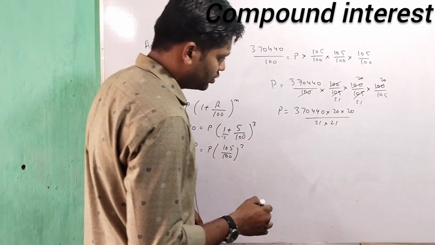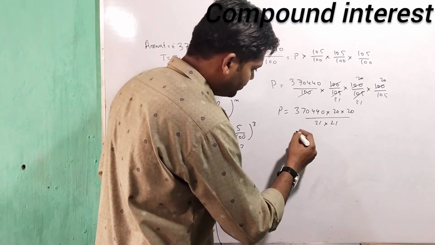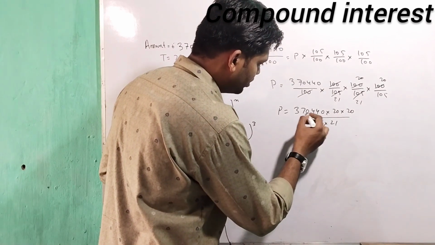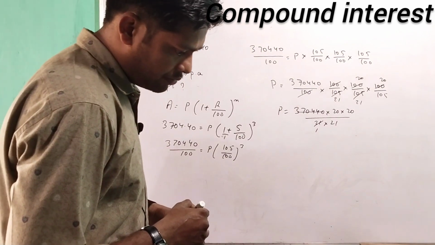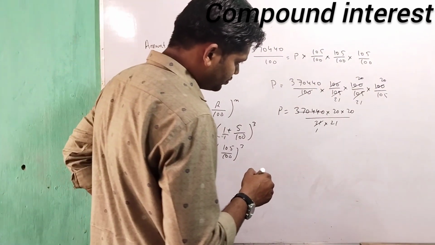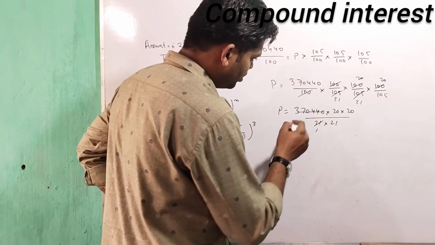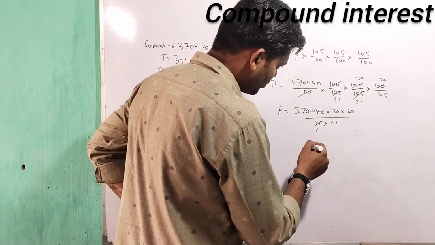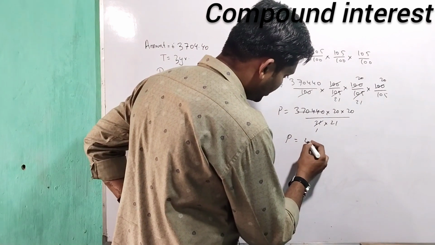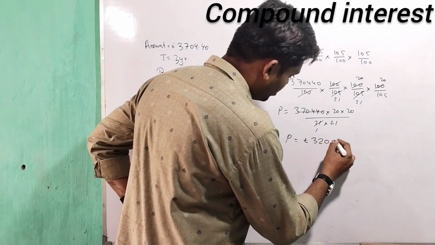Now let us see by the 21 table. You solve and see, you will get the answer as 3200.